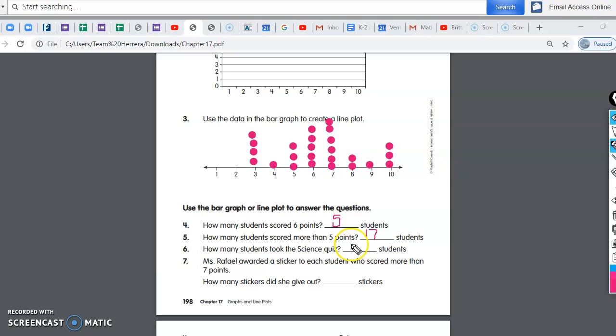So we would have 25 students. Again, different strategies, either counting or adding. For a lot of us, it just depends on what we're comfortable with.